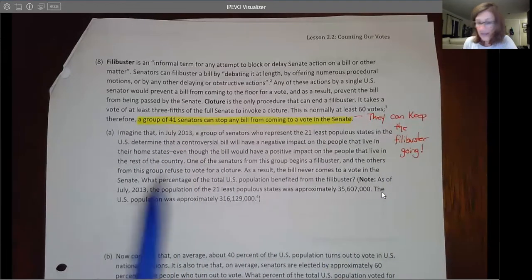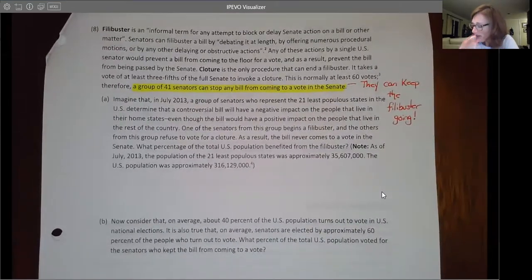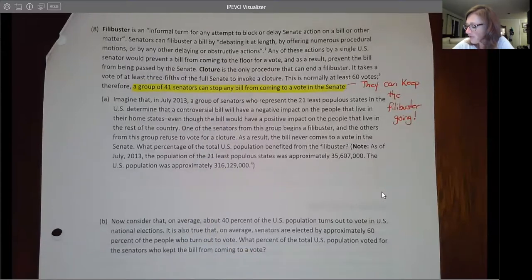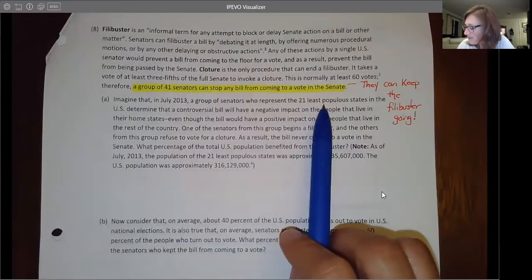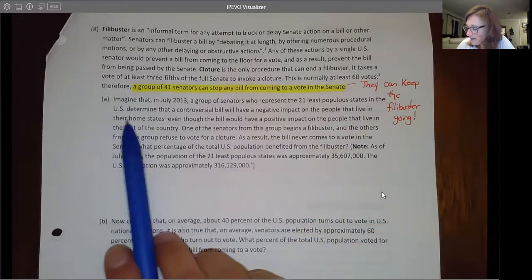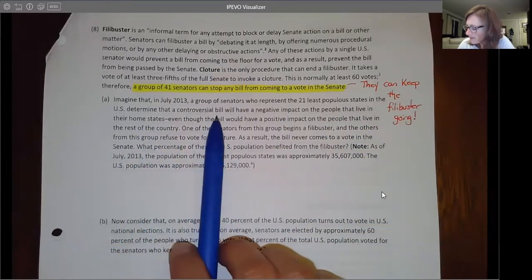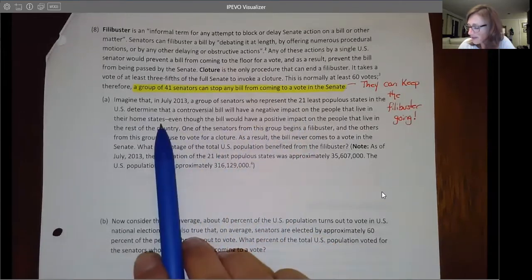So let's look at A and B, and then we'll finish this section. Imagine that in July 2013, a group of senators who represented 21 of the least populous states in the US determined that a controversial bill is going to have a negative impact on their people that live in their home states.